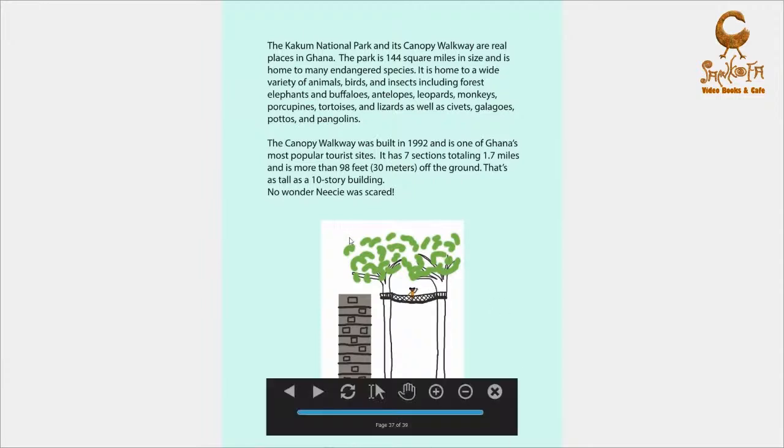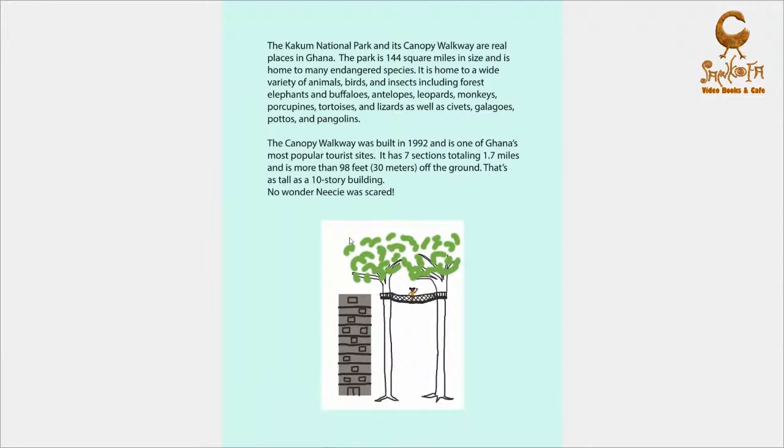It is home to a wide variety of animals, birds, and insects, including forest monkeys and buffaloes, antelopes, leopards, monkeys, porcupines, tortoises, and lizards, as well as civets, galagos, potos, and pangolins. Pangolins? The Canopy Walkway was built in 1992 and is one of Ghana's most popular tourist sites.